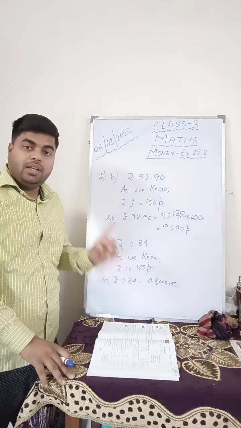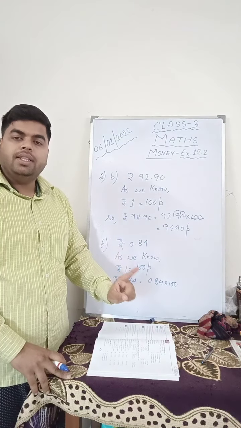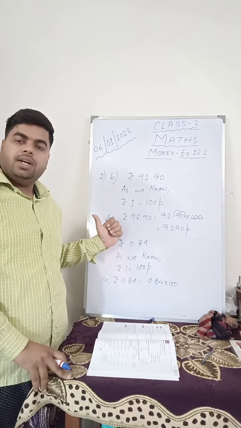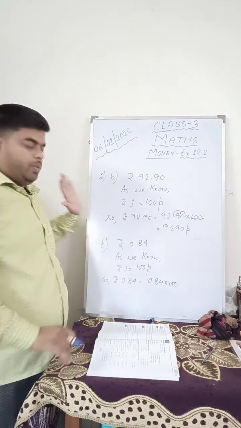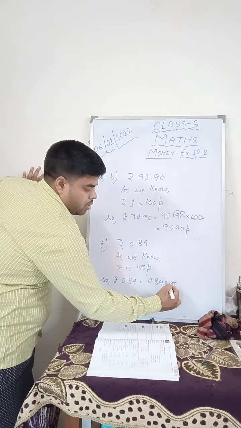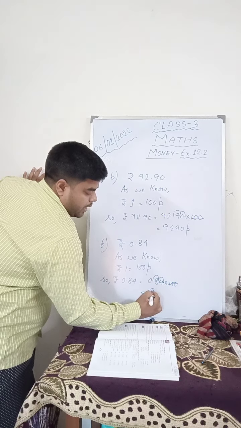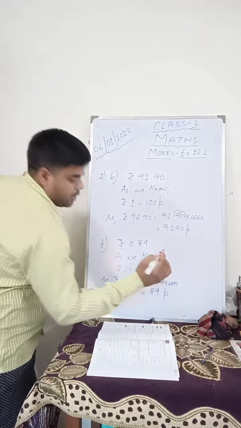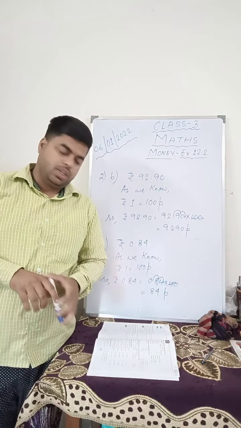Again, if you multiply, the decimal will shift towards the right side. If you divide, the decimal will shift towards the left side. By counting the number of zeros, you know how many places to move. There are 2 zeros, so 1 place, 2 place. So you will write here 84 paisa. This is how you have to do. So children, I hope you have understood this.